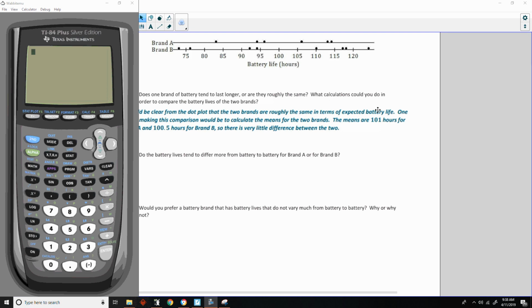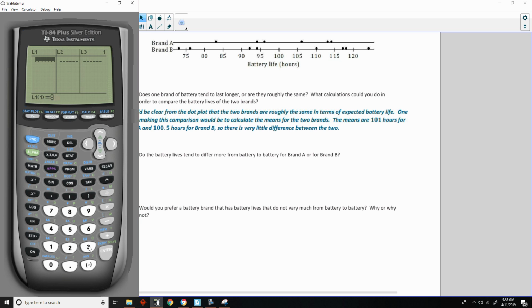Okay, so I'm going to show you how to calculate that one more time with the calculator. So let's do brand A first. So what I'm going to do is I'm going to go to Stat. And I'm going to create a list that's under Edit. So I'm going to hit Enter. And I'm going to enter the values. This is 83, this is 94, and that's 96.